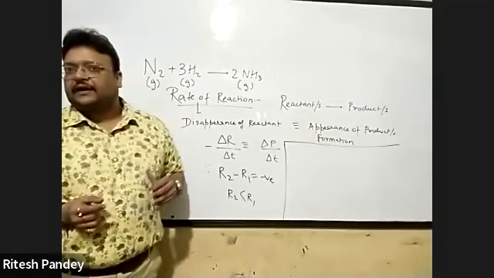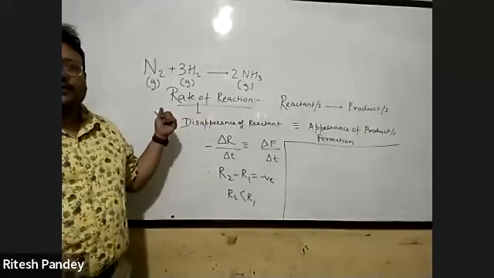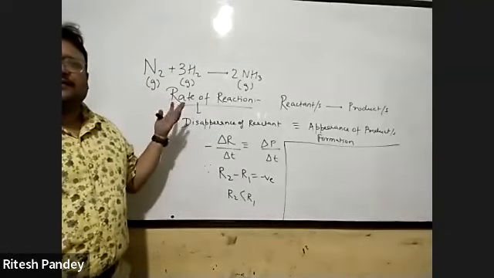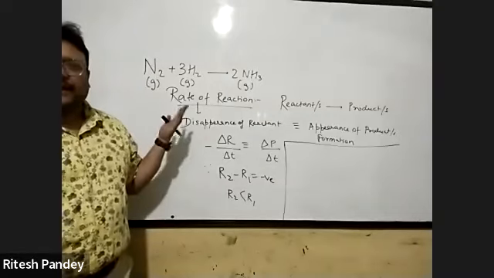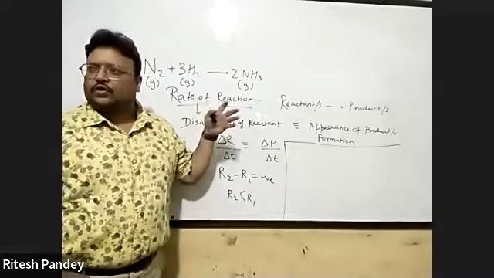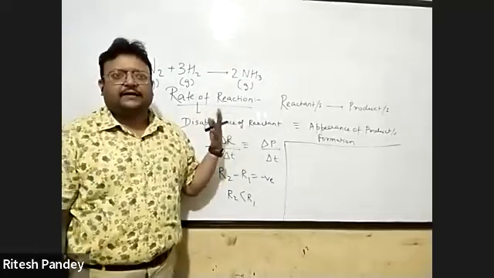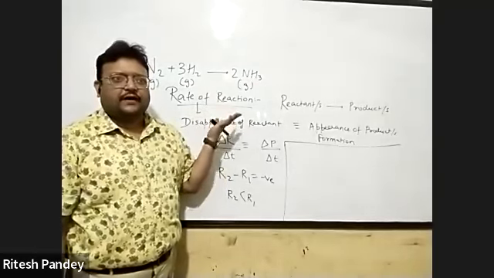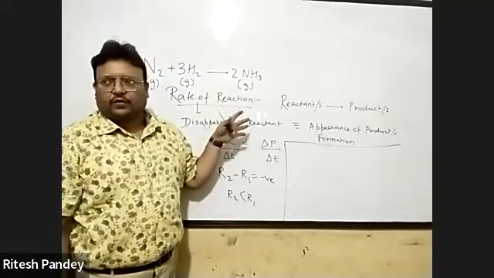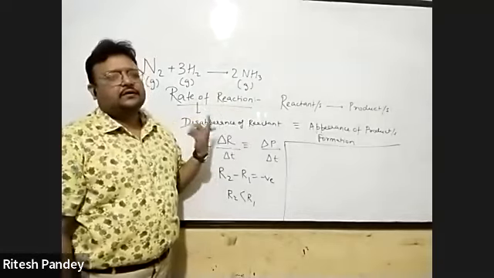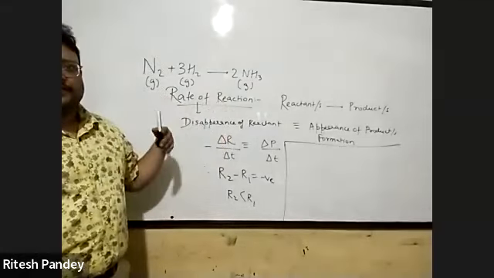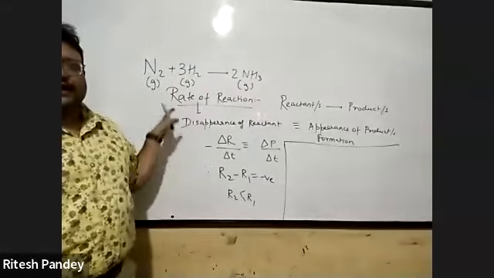Haber got a Nobel Prize in chemistry for this process because this led to enormous increase in the amount of food on the planet. Without ammonia, you could not have prepared any fertilizer, and without fertilizer, the land would not have yielded enough food for the population to grow the way it has grown. So, very philosophically, I might end up saying so many of us owe our lives to Haber's process.